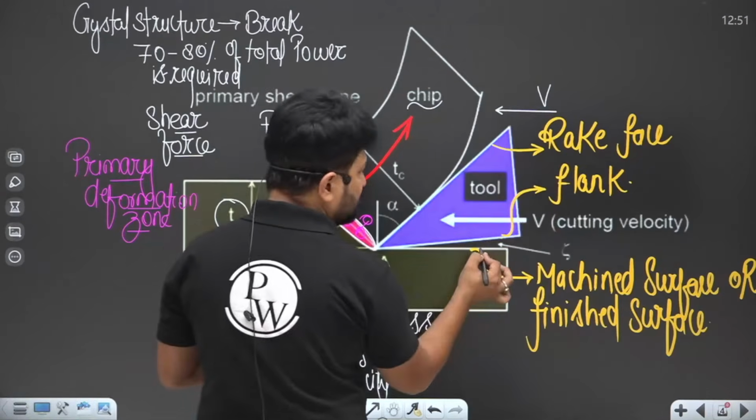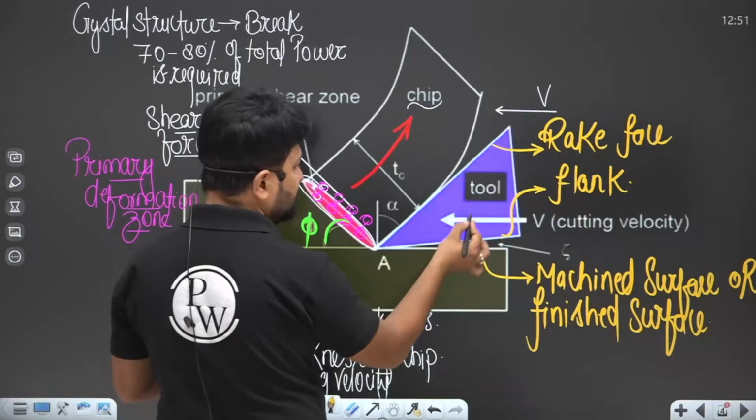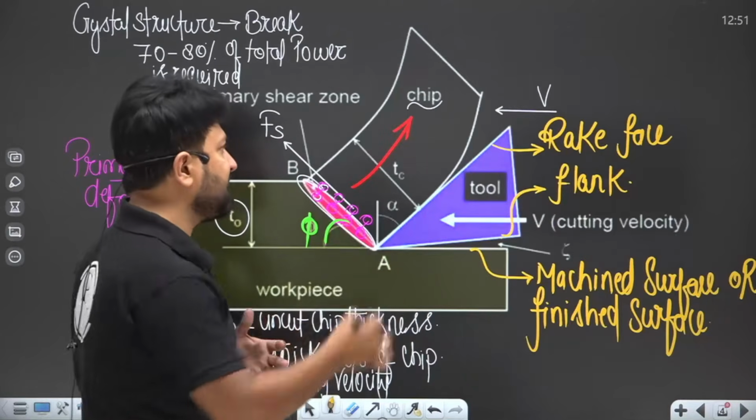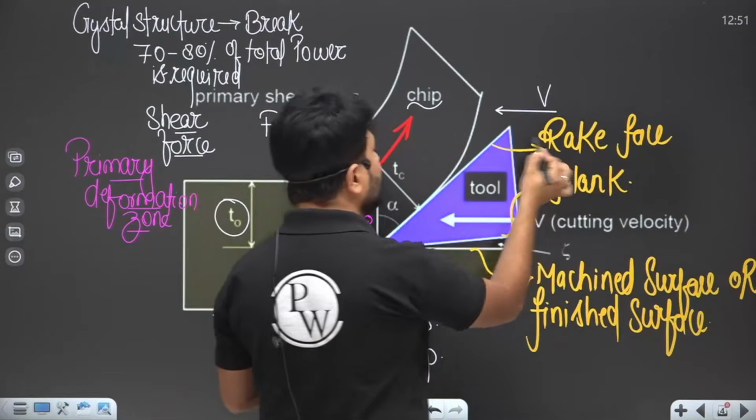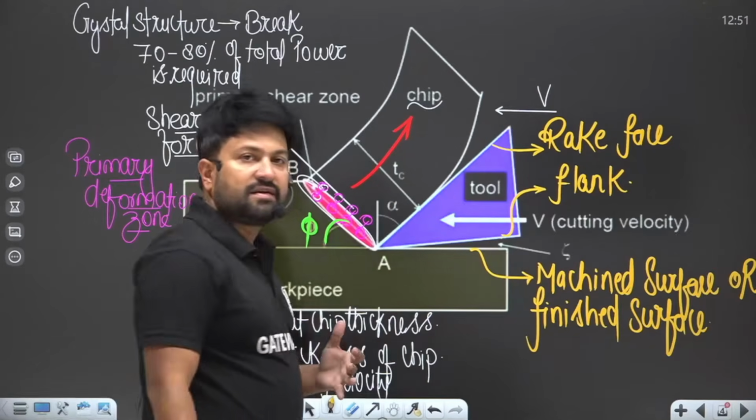So flank is the surface of the tool toward the finished surface, and rake face is the face of the tool on which the chip is moving.